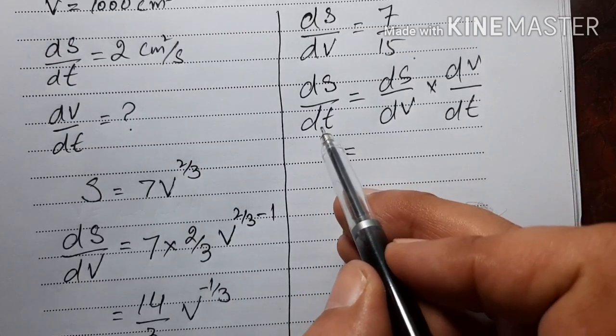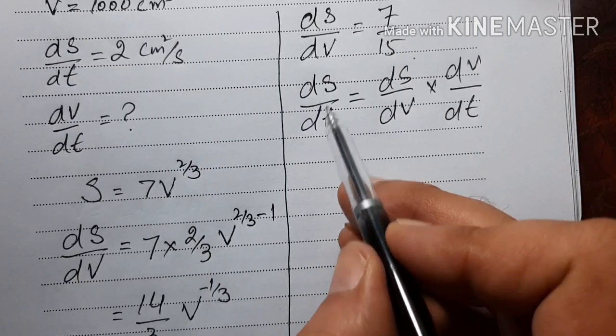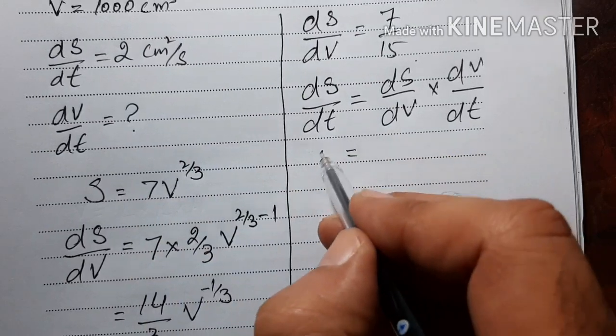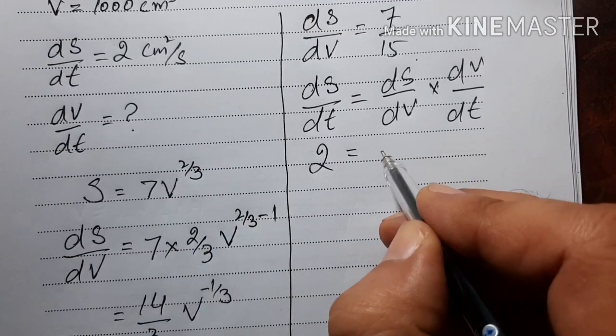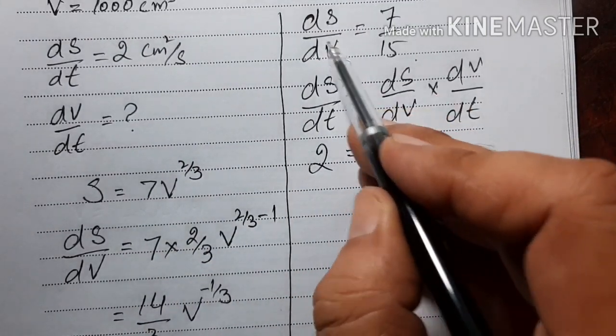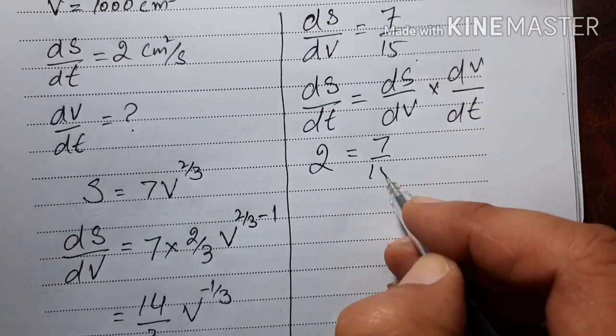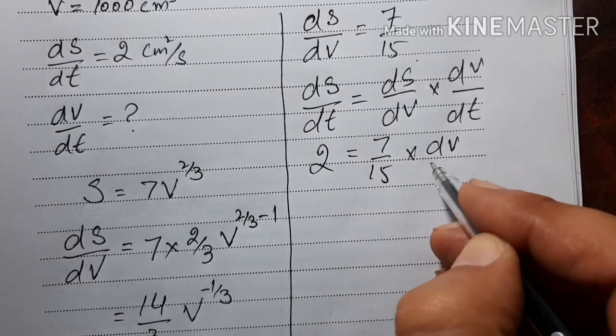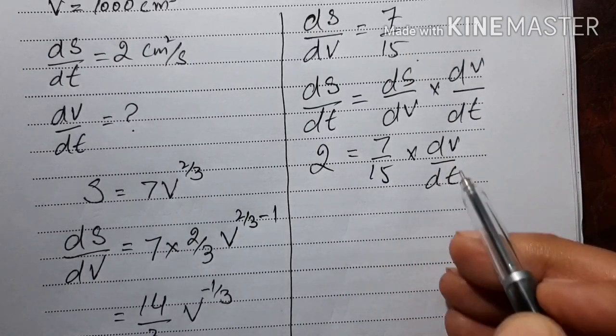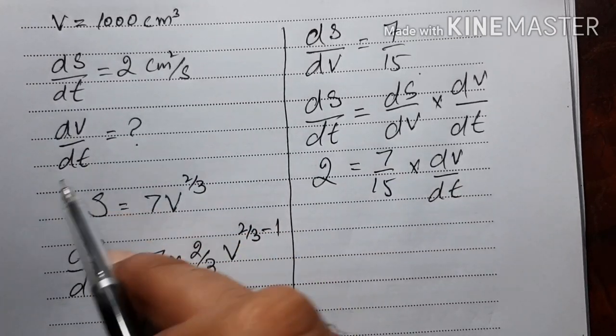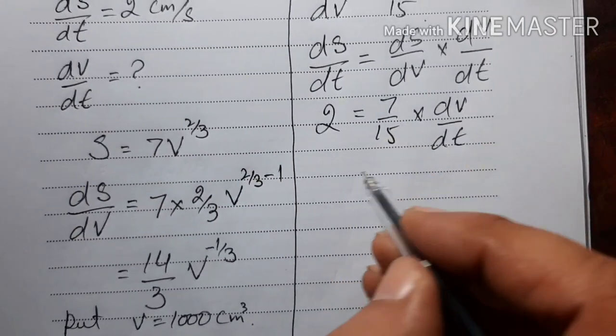Okay, I know the values of ds by dt. This is 2 is equal to, I know the value of ds by dv, which is 7 over 15 into dv by dt. This thing I need to find, this one. So I'll take 7 over 15 on the other side.